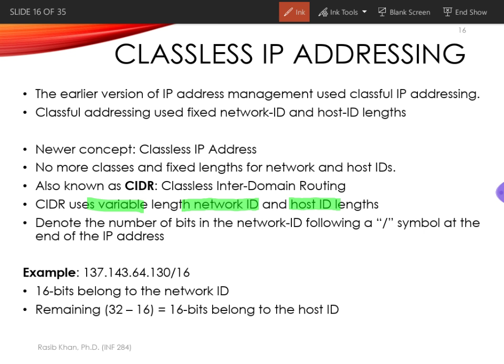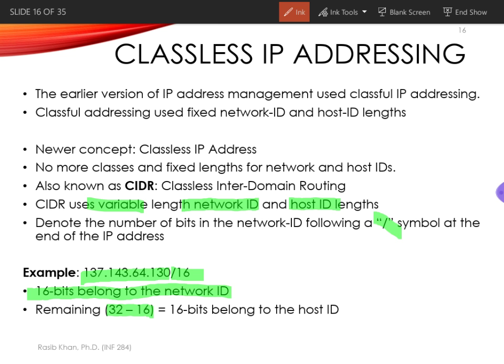Well, the IP addresses now have a slash at the end followed by a number. So in an example right here, 137.143.64.130 is our IP address, followed by a CIDR notation /16, which means that this is a /16 network. So the first 16 bits belong to the network ID. The remaining 32 minus 16 will belong to the host ID.